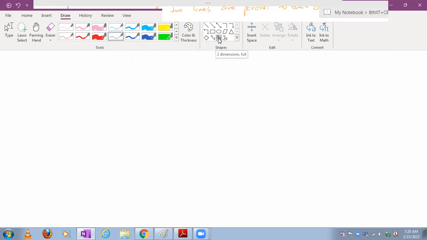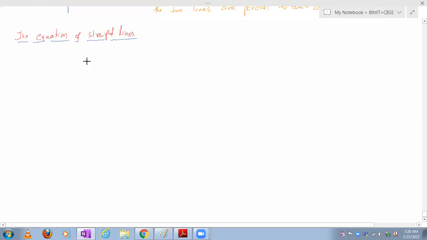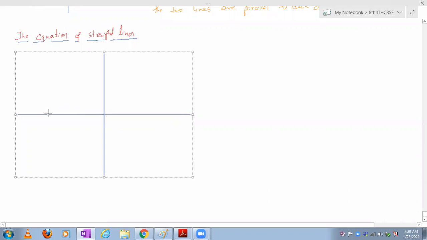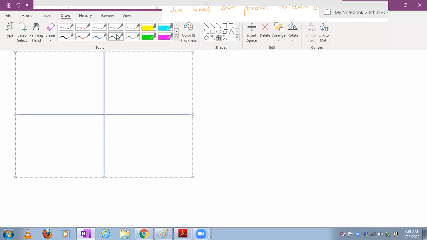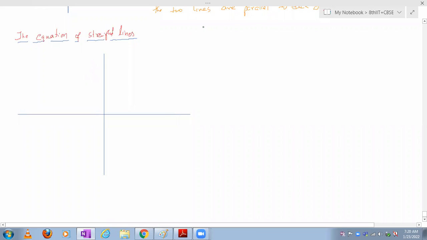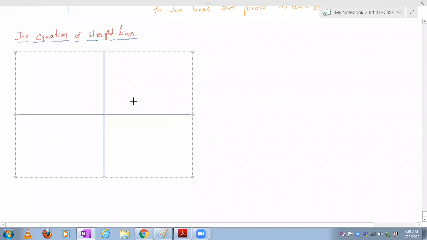Let's see a coordinate axis now. So I'm drawing this. Now there is a straight line passing through the origin like this. It is passing through the origin, right?